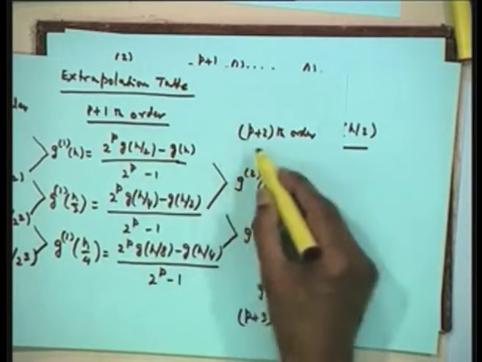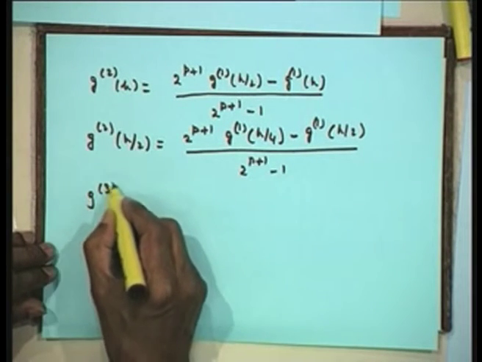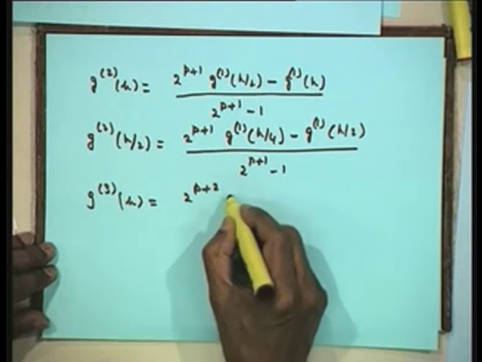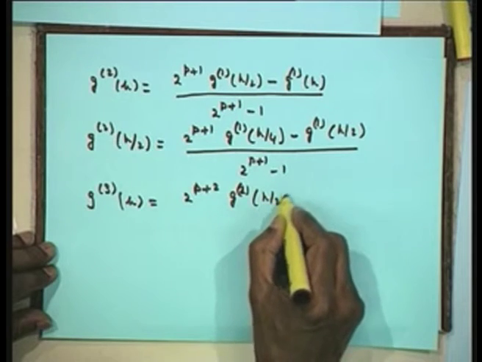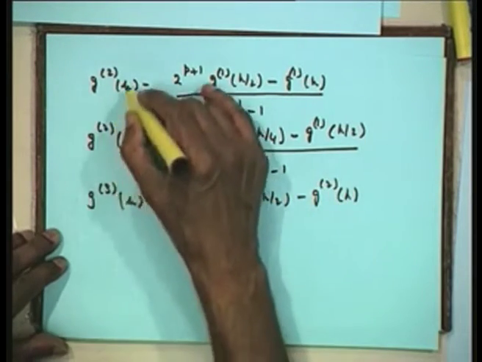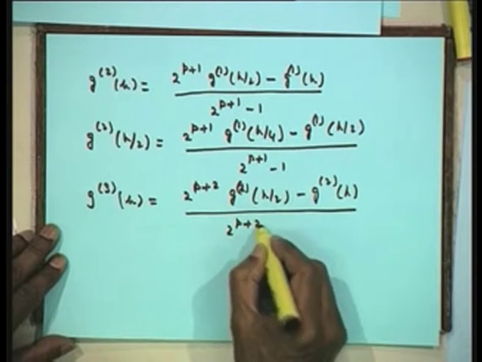Therefore, the next coefficients will be 2 to the power of p plus 2 minus 1. So, I would therefore have the next computation g 3 of h is 2 to the power of p plus 2 g 2 of h by 2 minus g 2 of h, that is we are now manipulating these two values, divided by 2 to the power of p plus 2 minus 1.